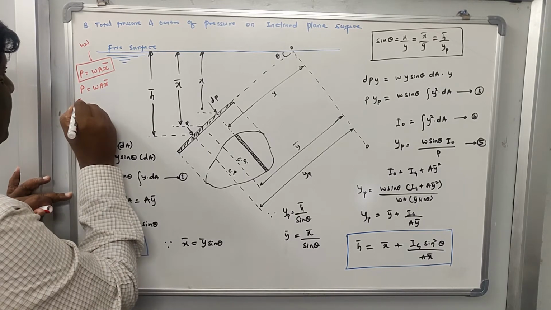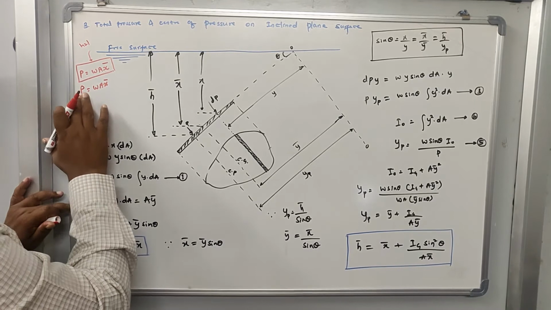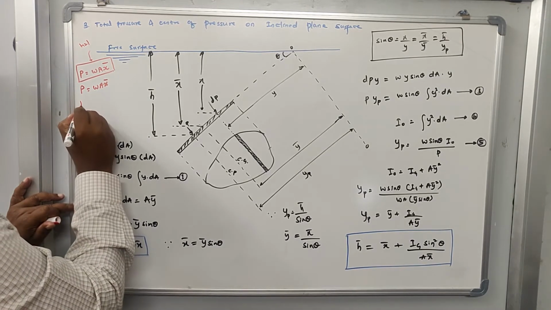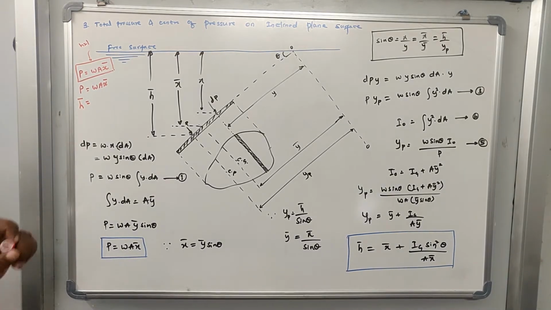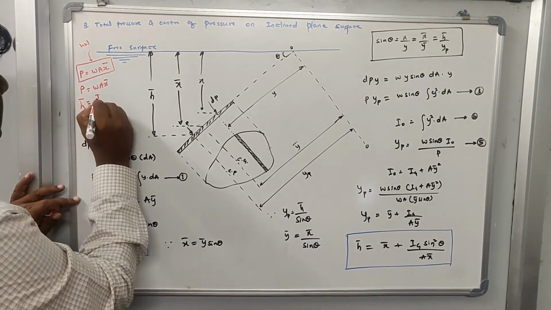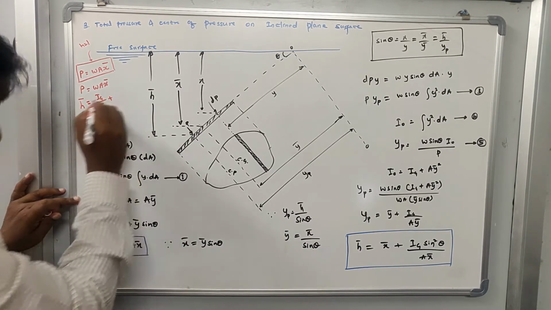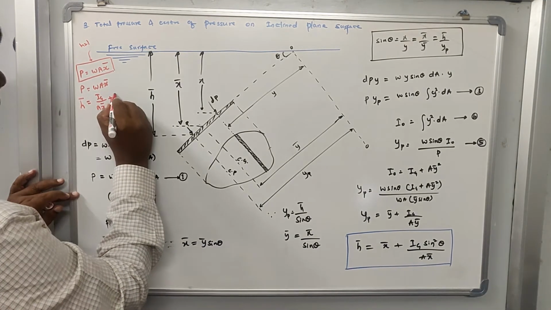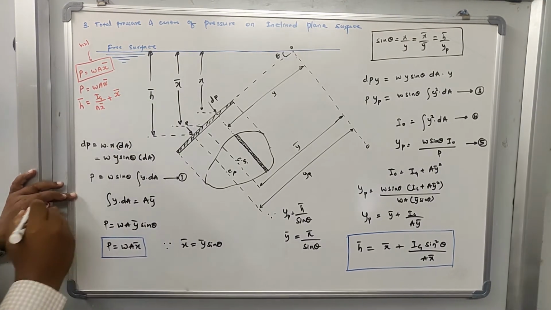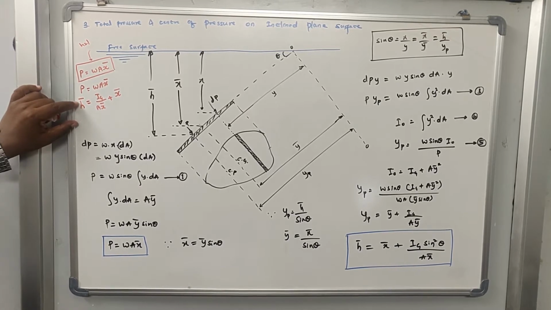There the center of pressure Cp, and the depth h bar is equal to, we have derived Ig by A x bar plus x bar. This h bar is the depth of the Cp point. Cp point means what?